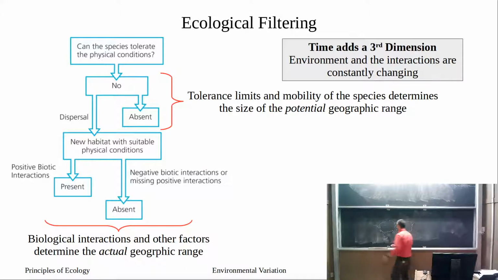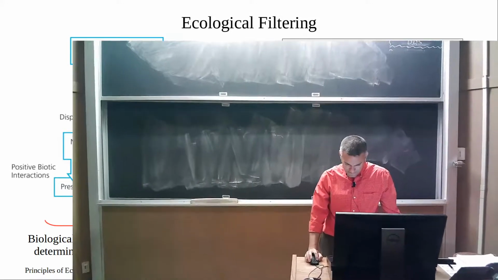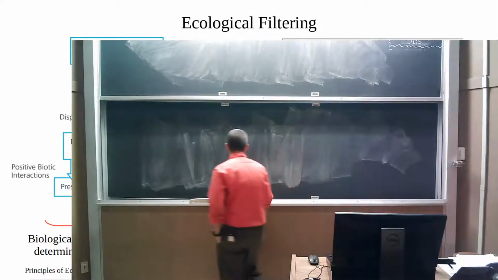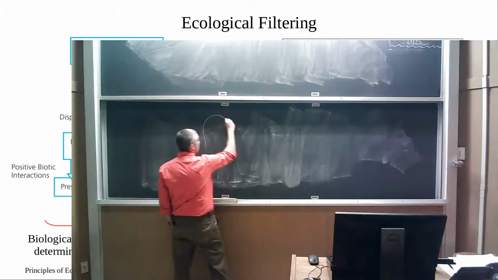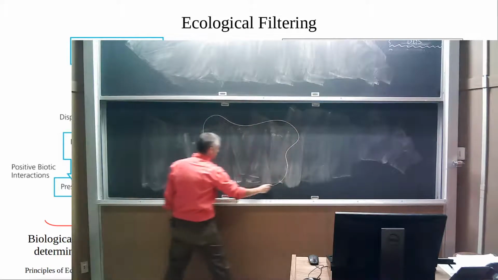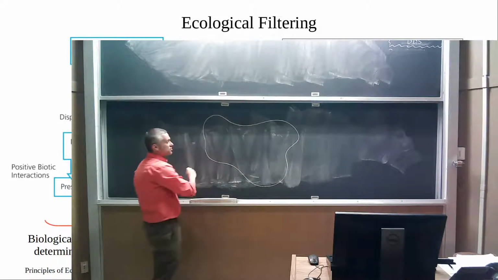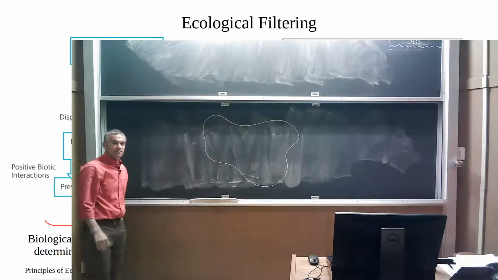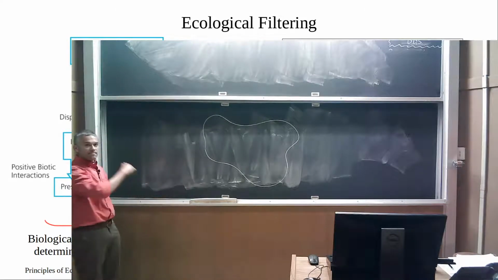So we're going to go back to our board and diagram what we're talking about. Let's say this is our potential range. Our species can live anywhere in this area. Conditions are great.